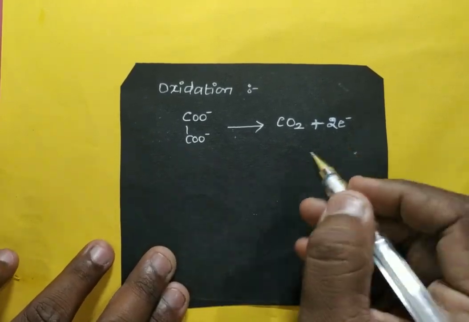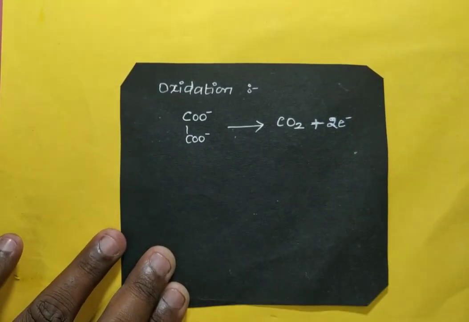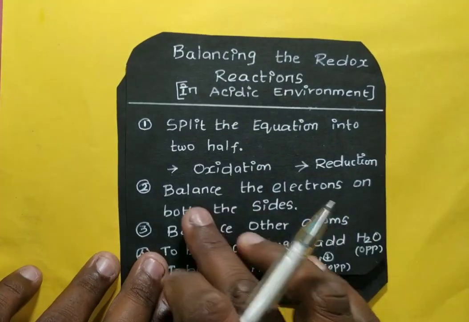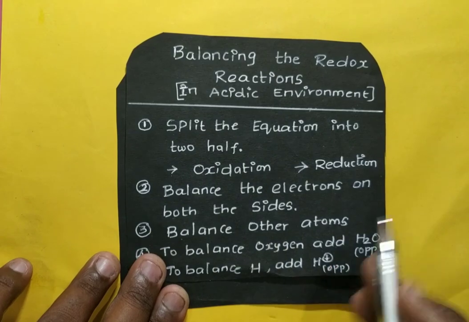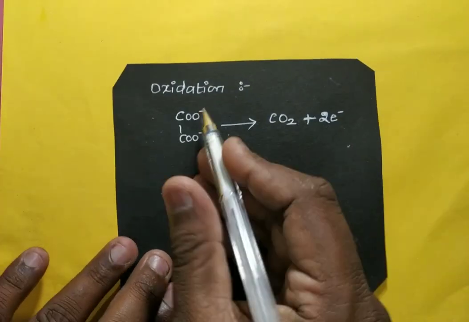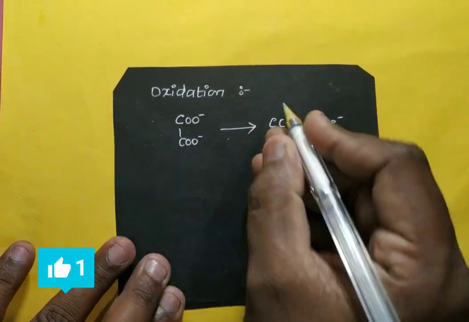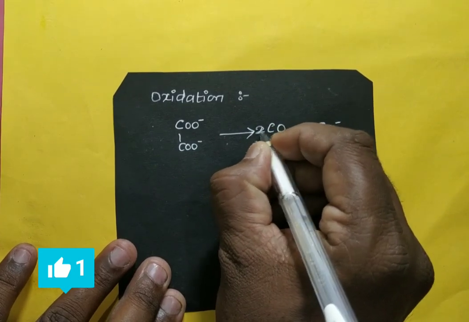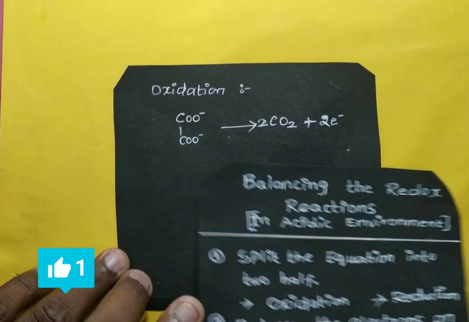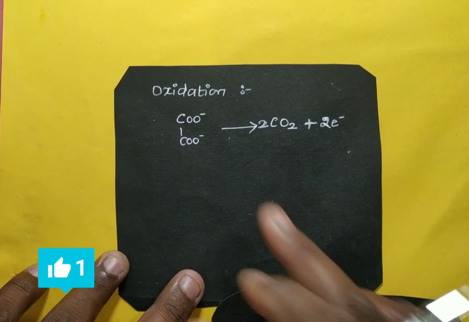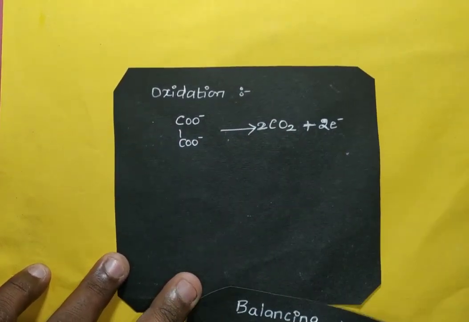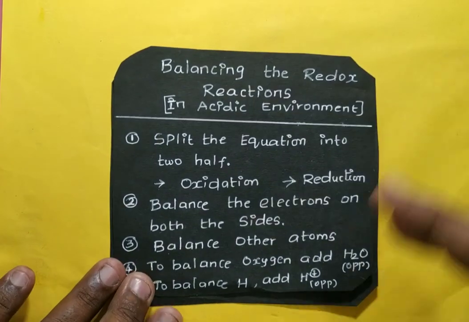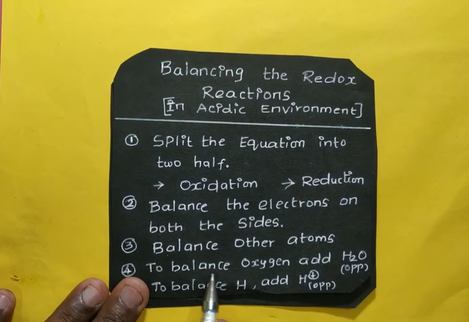Now the electrons have to be balanced. So the first rule is to balance the electrons. That was balanced. And the second one is to balance the other atoms. Let's think, how many carbon atoms are there? 2 carbon atoms are there. So we have to add 2. Once you add 2, what happened? 2 carbon, 4 oxygen. Oxygen is also getting balanced. If oxygen is balanced, you need not go for this step.